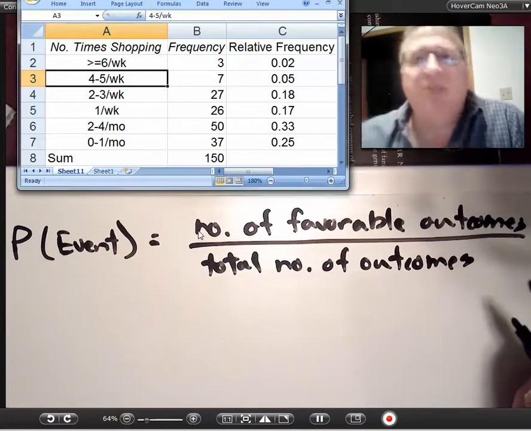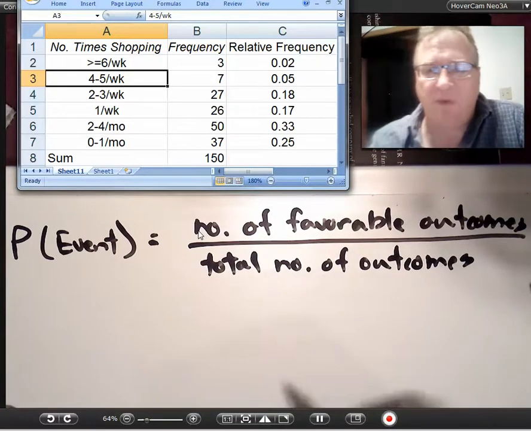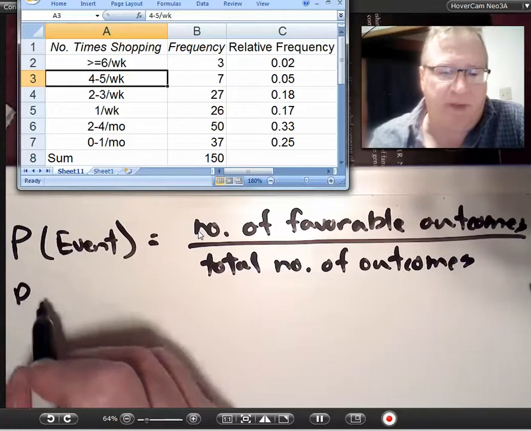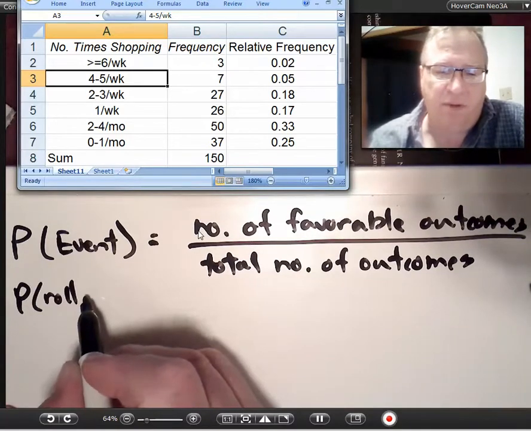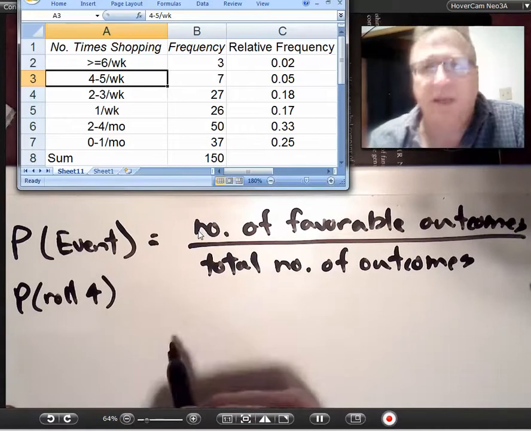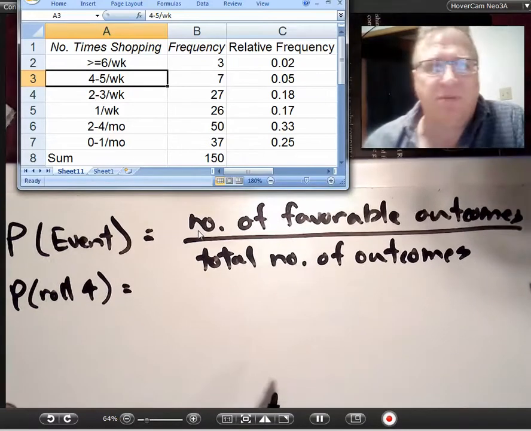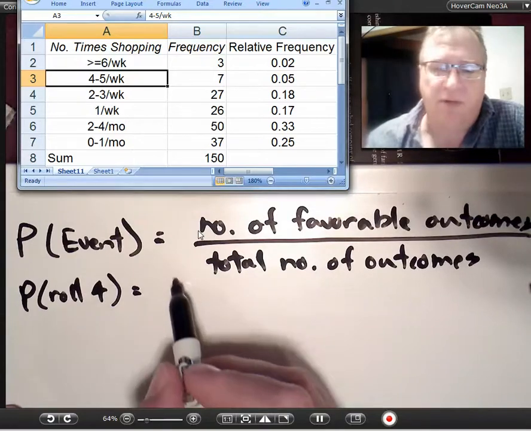Okay, so let's do an example. Let's talk about rolling a single die. A die has 6 sides. What is the probability that I will roll a 4? Again, we have a single die. So how many favorable outcomes are there? If I'm looking for a 4, there's only one outcome.